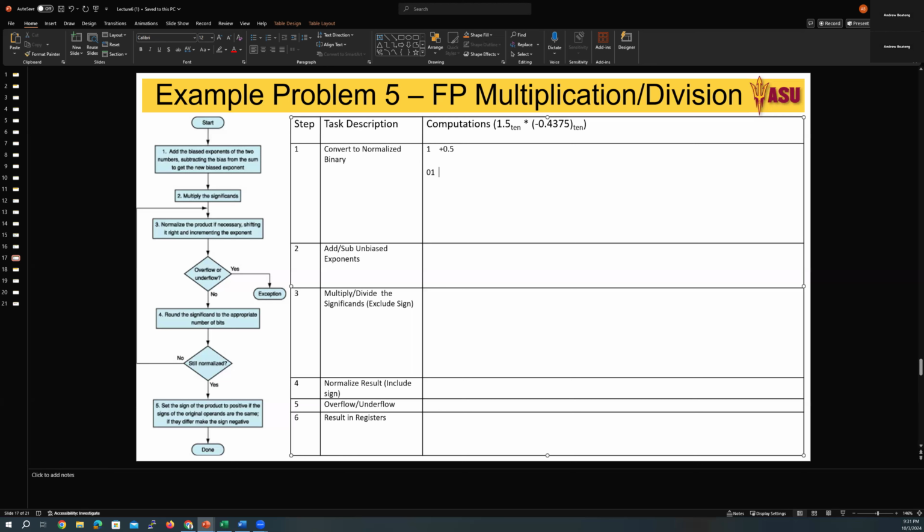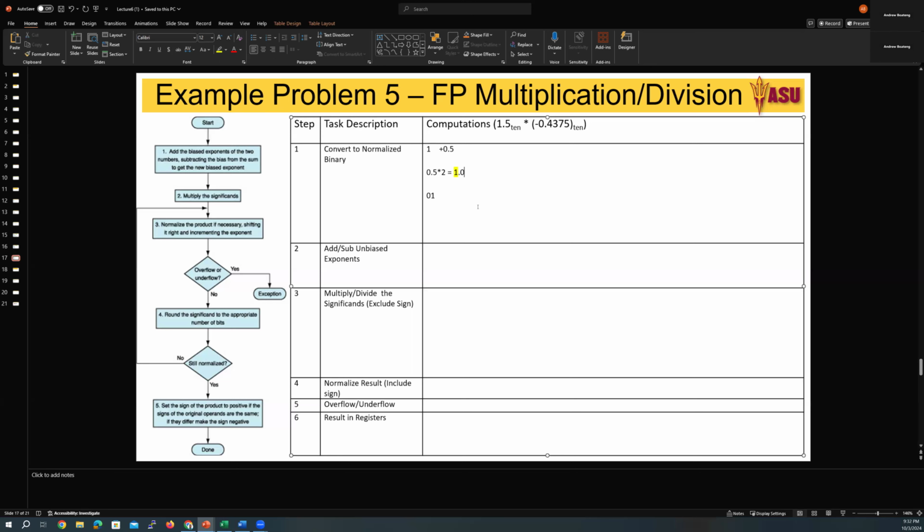To get the binary for 0.5, we're going to multiply 0.5 by 2. So it's going to be 0.5 times 2, which the answer is 1.0. And we're going to keep the value to the left of our point.